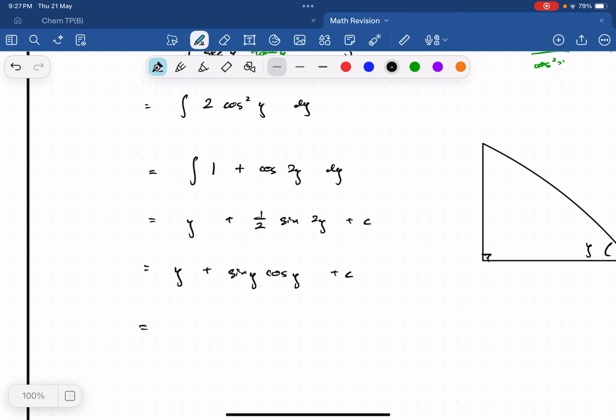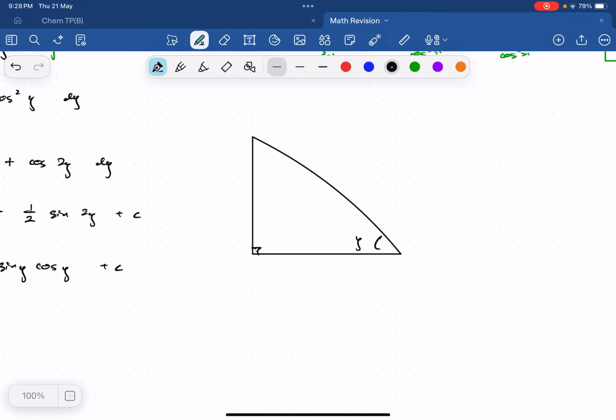And then if I try to express this back in terms of x, this is where it becomes useful. Okay? Because if I have x equals secant squared y, right?